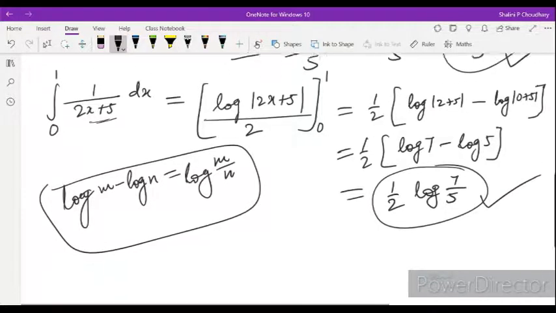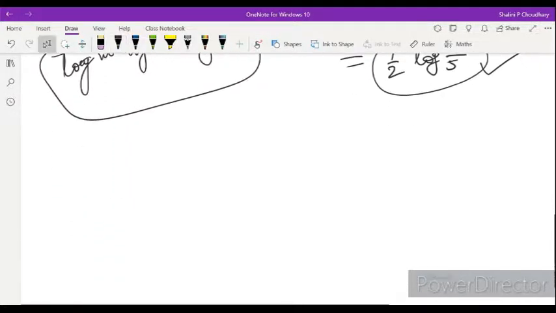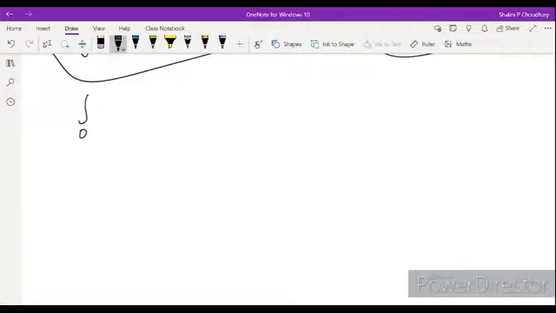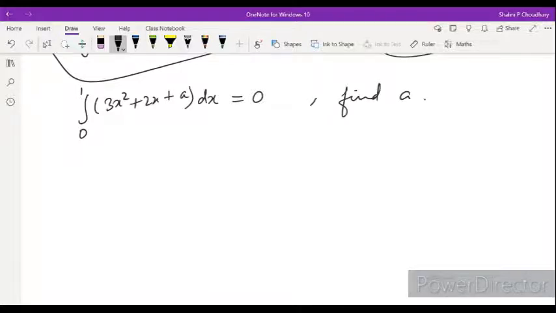Okay. Now one more question we'll do, and in this question we have to find out some value. If the value of the integral is given, so if the interval is 0 to 1, of 3x square plus 2x plus a with respect to x, the integral is 0. So you have to find out the value of a. How will we do this?